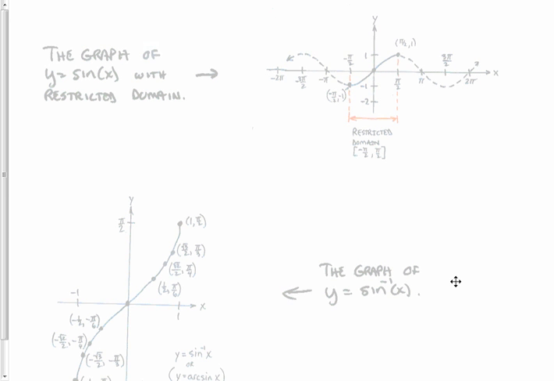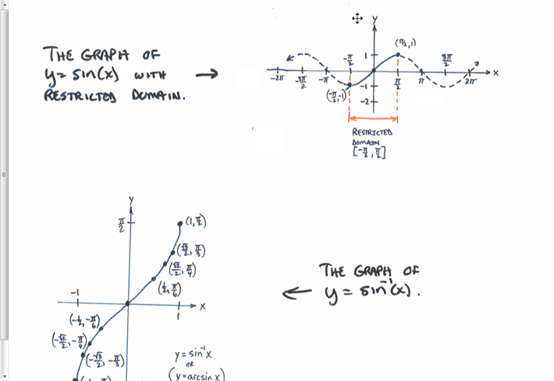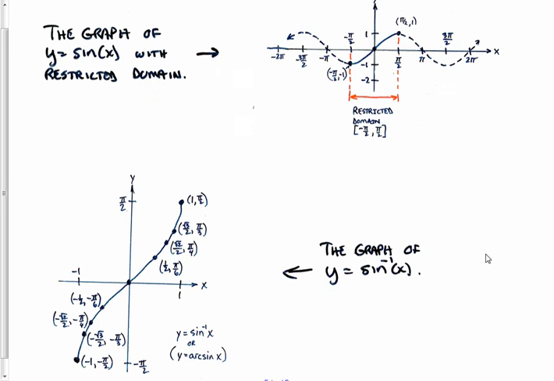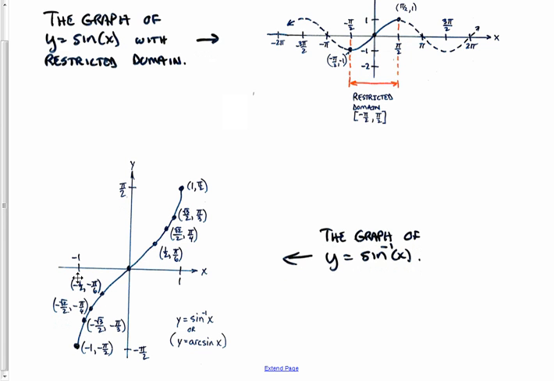Okay, so from the previous page, this is the function that we're taking the inverse sine of. That is this part of it, and the inverse sine function then, just as an example. Notice the point (-π/2, -1) is on the graph of this restricted sine function, and so (-1, -π/2) is on the graph of the inverse sine function.